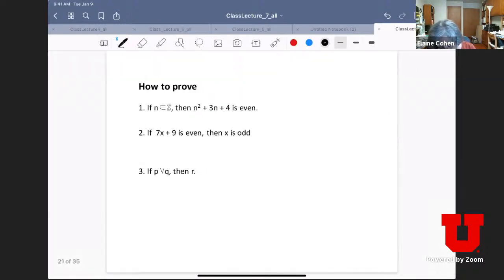How would you prove, if you weren't told to use a technique, if n is an integer, then n squared plus 3n plus 4 is even? Just find a way to factor out a 2, I guess. Can't hear you. You've got to speak up, please.